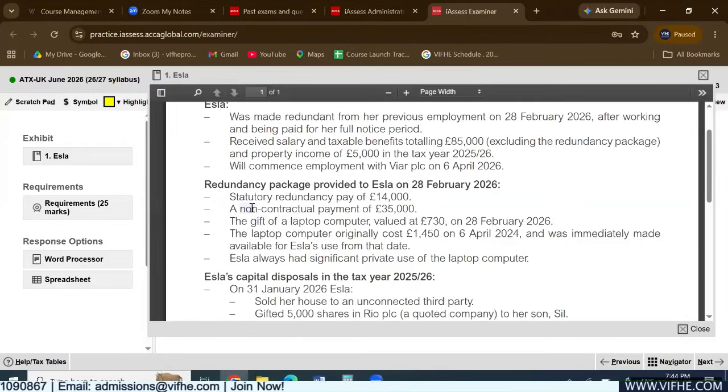So this non-contractual payment is not going to be fully exempt. It is not going to enjoy the complete exemption of £30,000. Rather, the exemption limit is going to be changed because of the statutory redundancy payment already given.